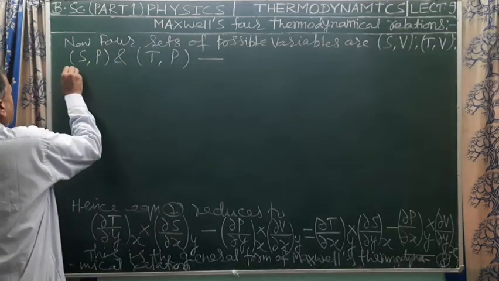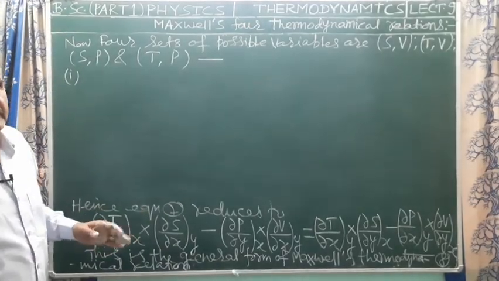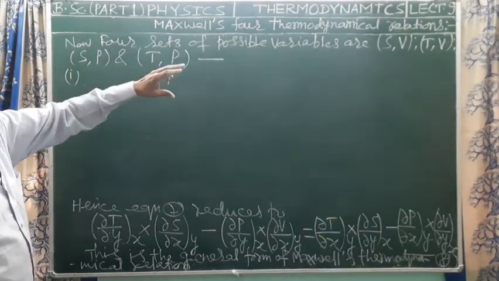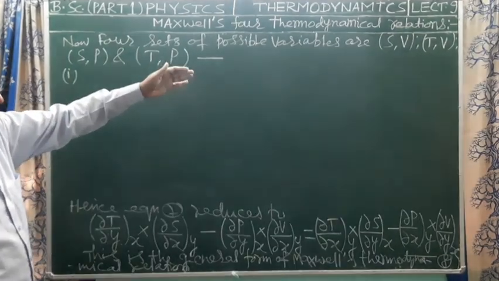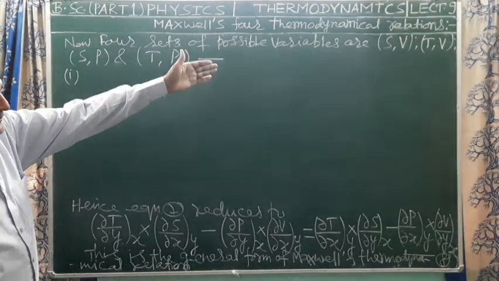Now we have to obtain Maxwell's first thermodynamic relation. अब मैक्सवेल का फर्स्ट थर्मोडायनामिकल रिलेशन के लिए हम यूज करेंगे पहला सेट ऑफ टू वेरिएबल्स, एंट्रोपी एंड वॉल्यूम.